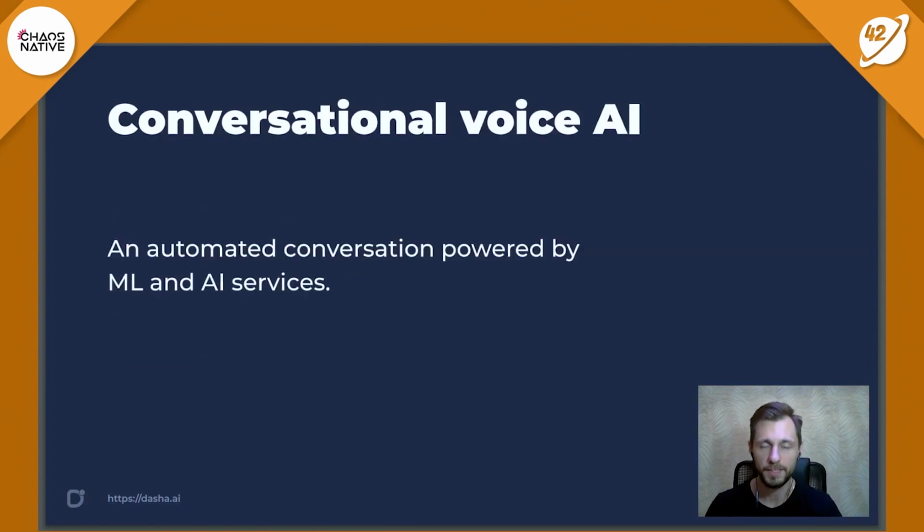Conversational voice AI is a set of technologies that lets you create automated conversations powered by machine learning and artificial intelligence services. At Dasha.ai, we call these automated conversations apps, Dasha apps. And we'll go into a bit more detail as to how they are run and how they work a little bit later after the demo in the how it works section.